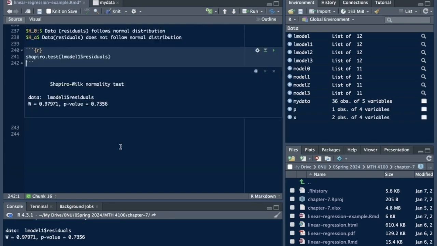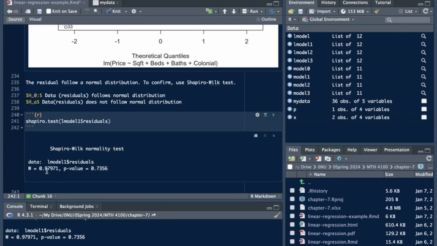Okay, what did we get? The value we got is 0.97, but the p-value is not significant again. If the p-value is less than 0.05, the chosen significance level, we would reject the null hypothesis. This would suggest that there is enough evidence to say that the residuals are not normally distributed. But if the p-value is greater than the significance level, like in this case, we would fail to reject the null hypothesis.